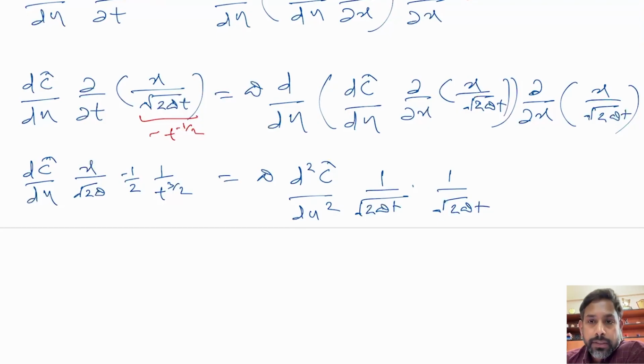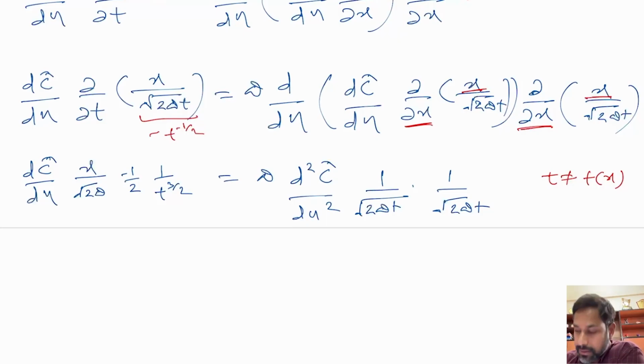Okay, because your x here cancels out. If you differentiate this with respect to x, that comes out. And t is not a function of x, remember, right? So you are differentiating with respect to x, so basically t is a constant in x.